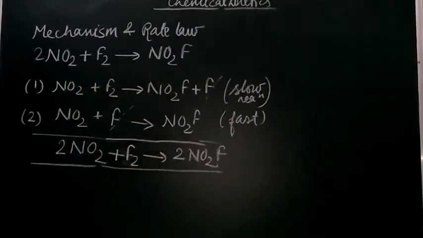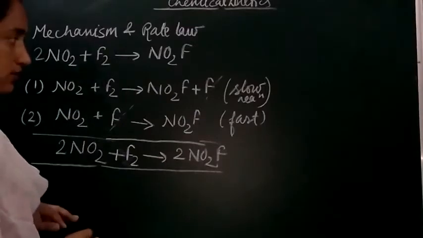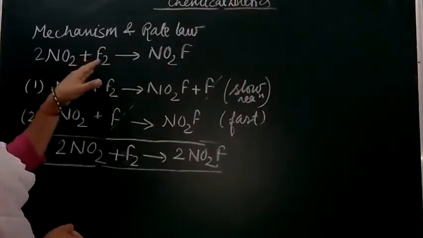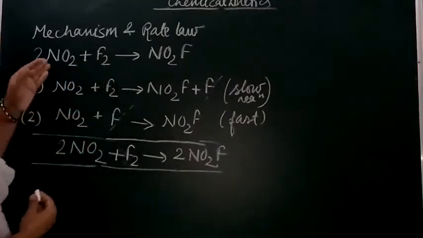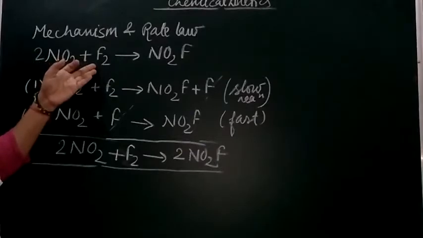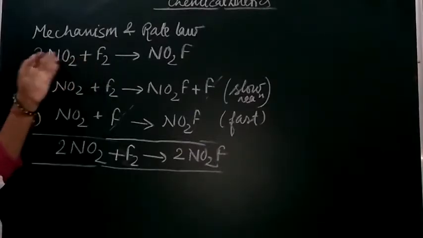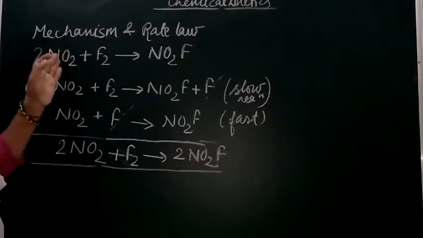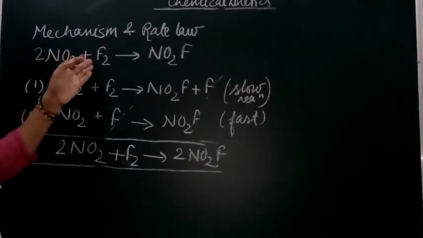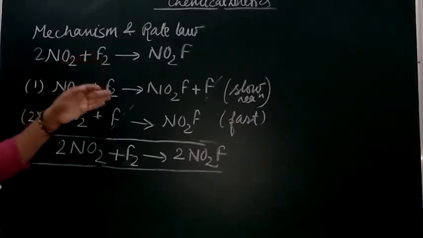Now here, students, I am going to add a few terms. This is a complex reaction, so it will not take place by the collision of 2 molecules of nitrogen dioxide with 1 molecule of fluorine. It is going to take place in steps.